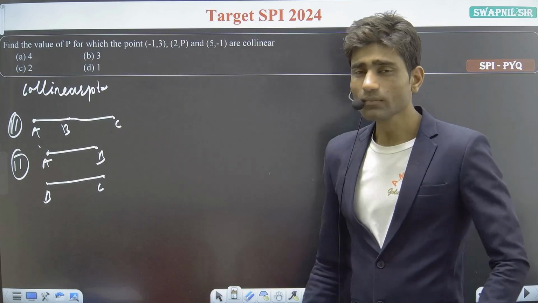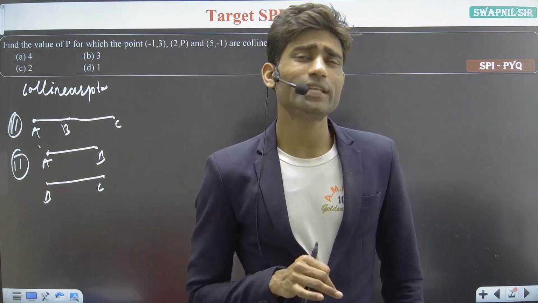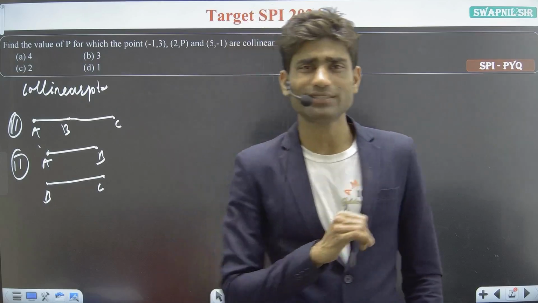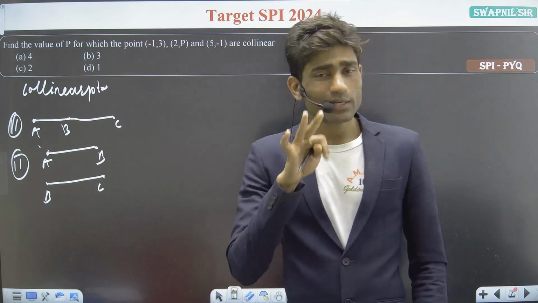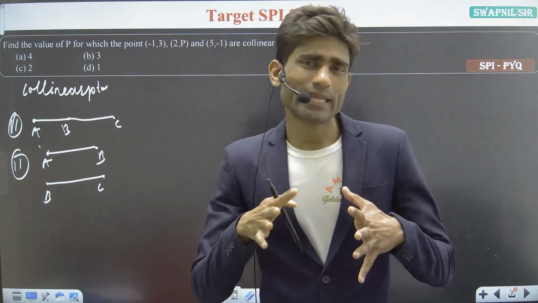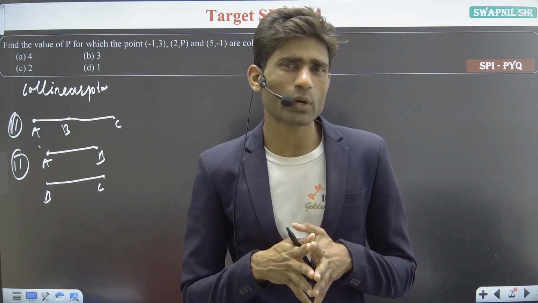Now just think a little bit logically here. When we have 3 points and they are collinear, can we draw a triangle using collinear points?